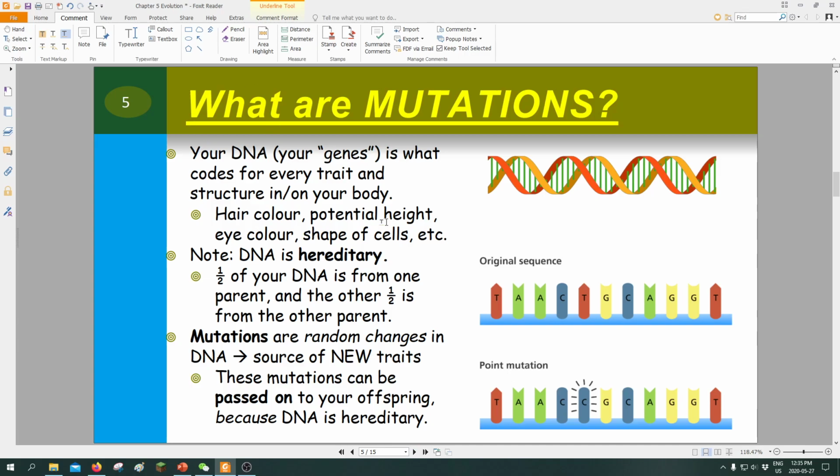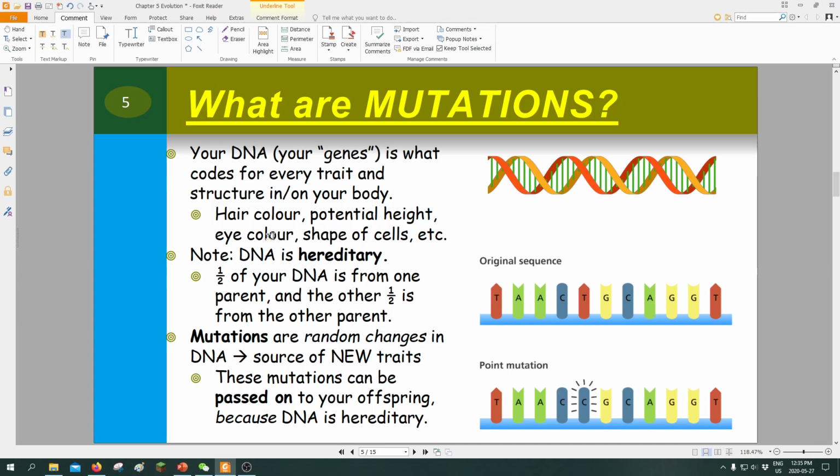Let's get into a little bit about what DNA actually is. Remember that your DNA or your genes is your genetic code, and from that code, the cell reproduces these different traits and different structures in your body. Examples of things that your DNA codes for would be hair color, your potential height, your eye color, the shape of specific cells. For example, my mom is 5 foot nothing.